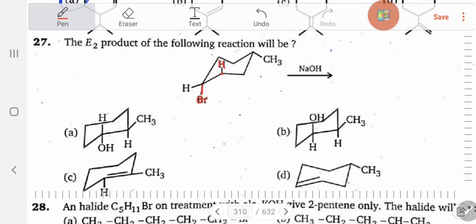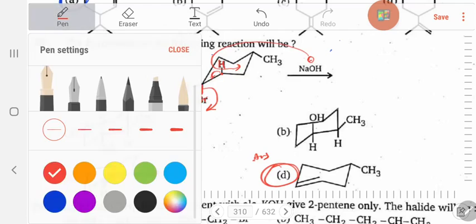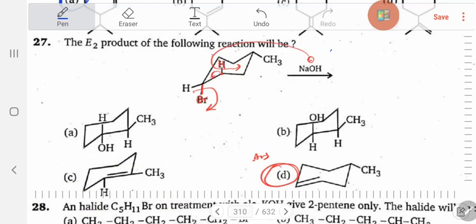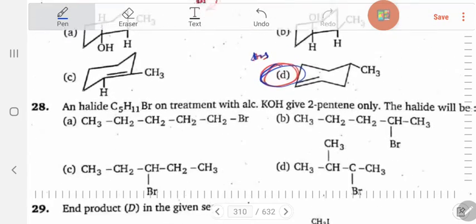That means anti is possible. So Na+ OH minus. So easily this OH minus abstracts this hydrogen, this bond will be shifted here, this Br goes out, so you will get a double bond here. So the correct answer is answer D. Right. Next, question number 28.